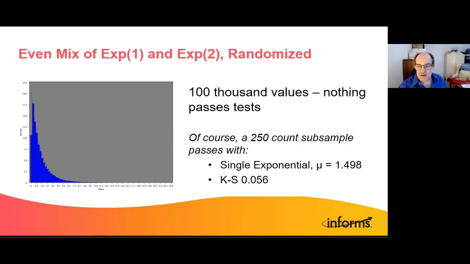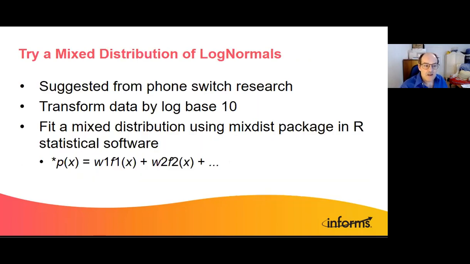So this is a bit of a tricky problem. How do we deal with this? Well, there are a couple of things we could do. One is to look at the data graphically more intensively and look for visual signs that this data is not what we think it is. In this case of the two mixed exponentials, there's a whole research area in telephone switchboard theory.